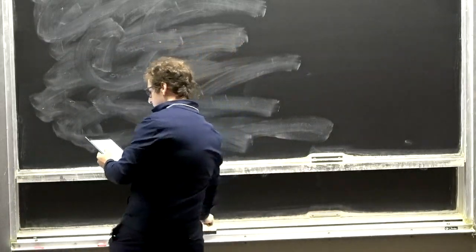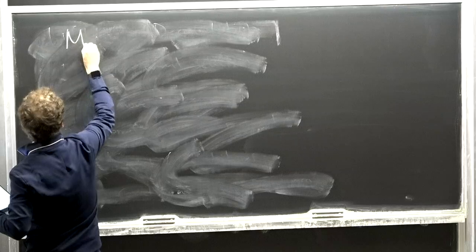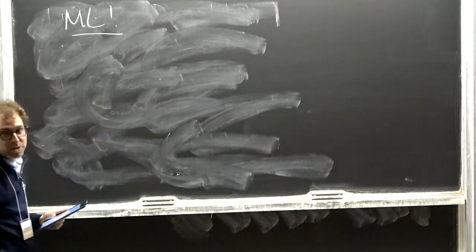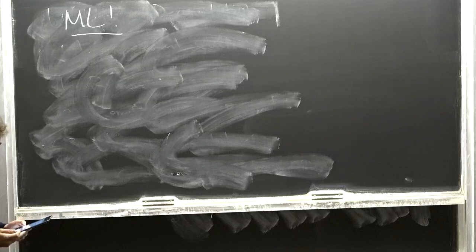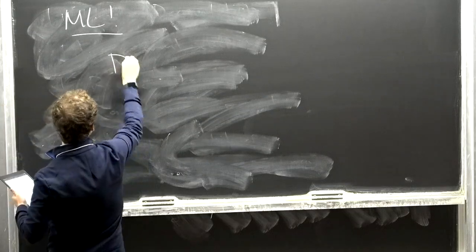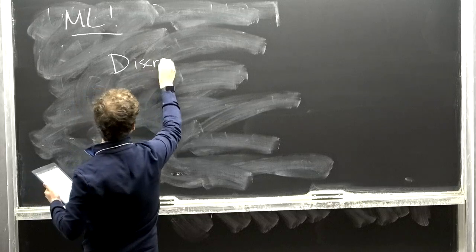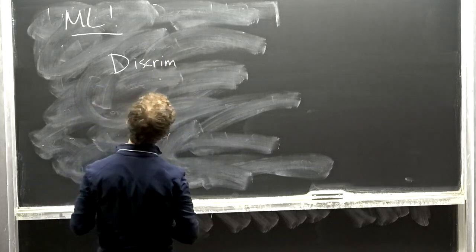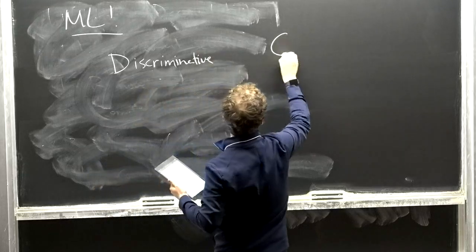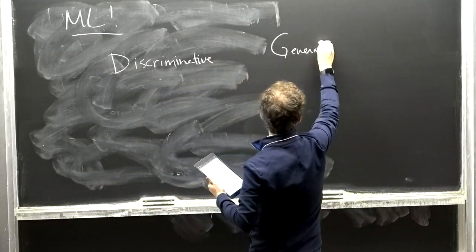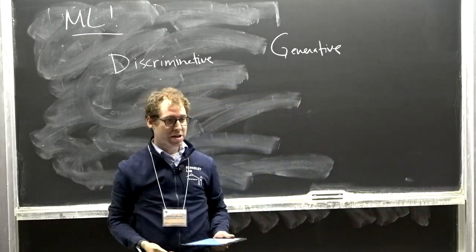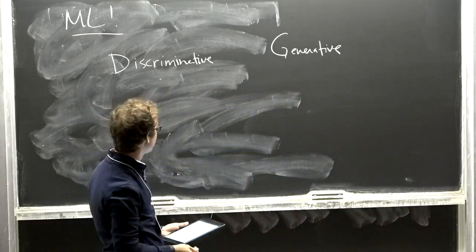OK, so machine learning. There are a bunch of different ways of doing this with machine learning, but there are two very well-studied approaches. They go by the names discriminative and generative. Discriminative machine learning is like a classifier, and generative is like normalizing flow, for example.